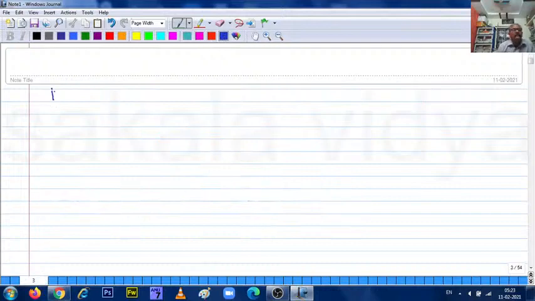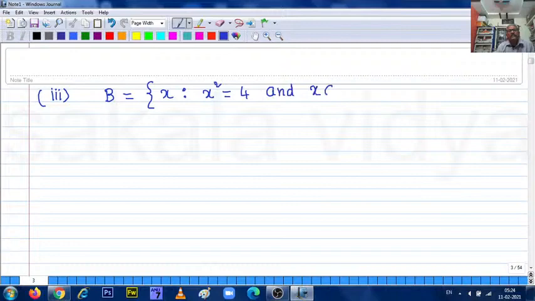Now third one. B is equal to x such that x square is equal to 4 and x belongs to Z. Here x square is equal to 4 and x belongs to Z. How to solve this problem?